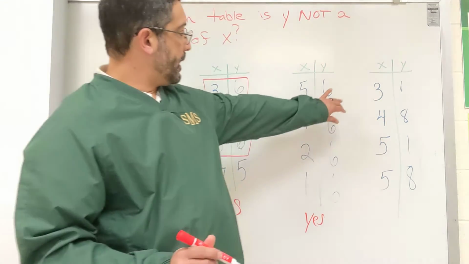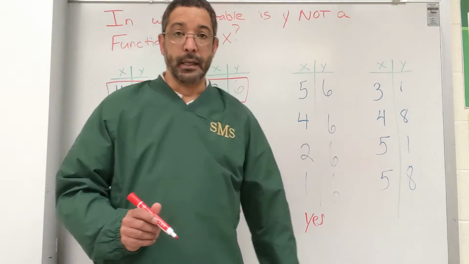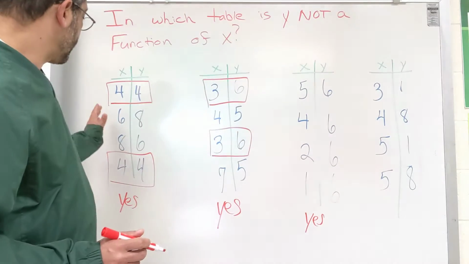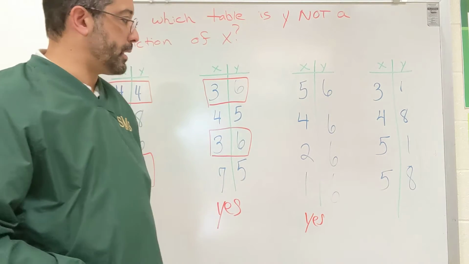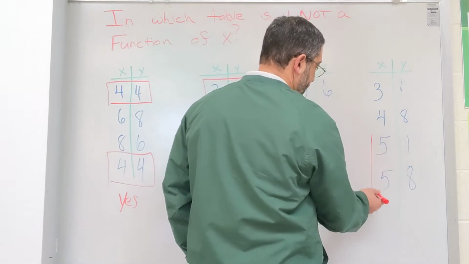So finally, 3, 4, 5, 5, and then 1, 8, 1, 8. So again, my 5 is repeating, but unlike the tables over here where the point is just occurring more than one time in the table, I have 5, 1, and 5, 8.